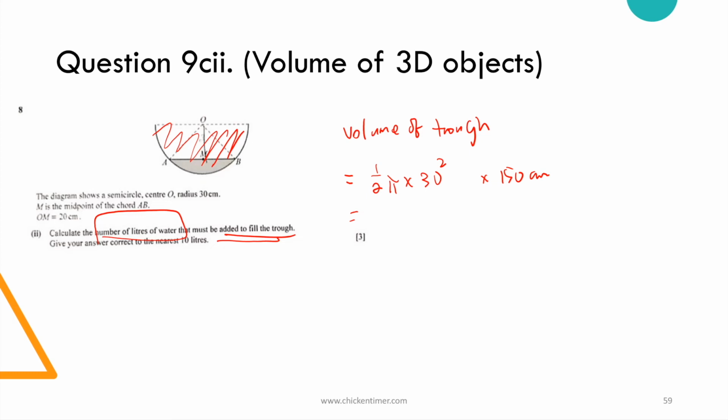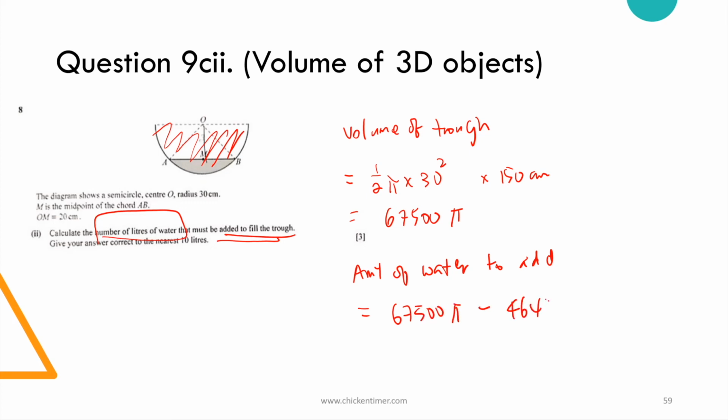So this is actually 67500 pi. Then the amount of water to add will be 67500 pi, subtract off 46489.2. This is from the previous part.